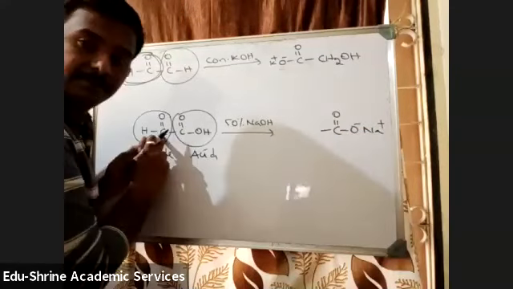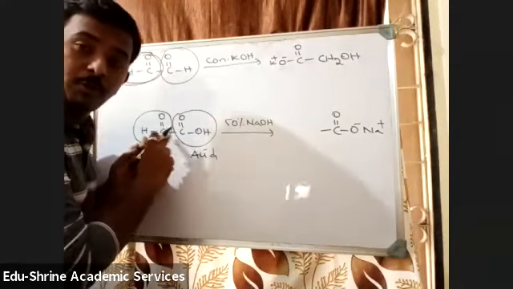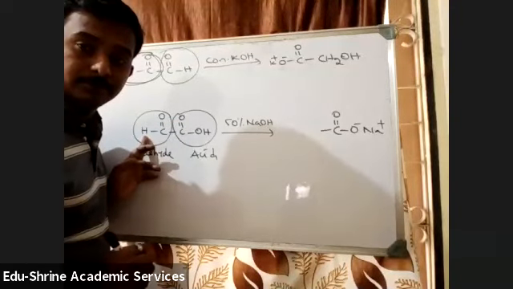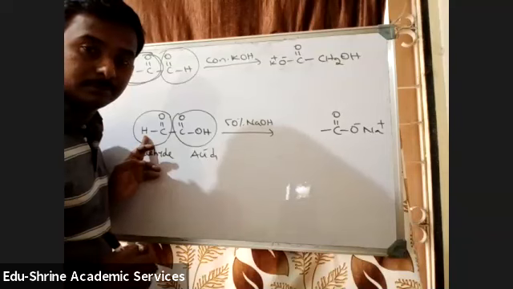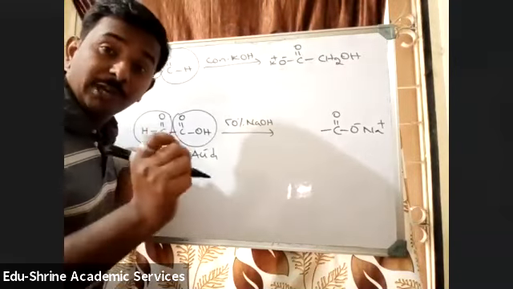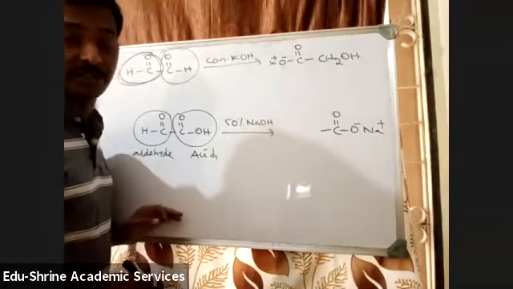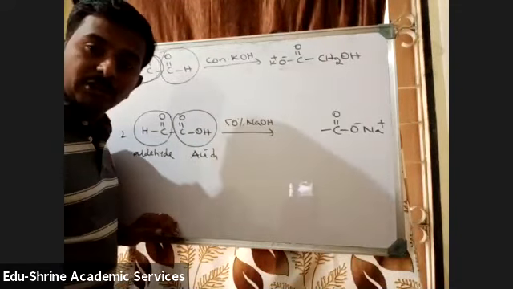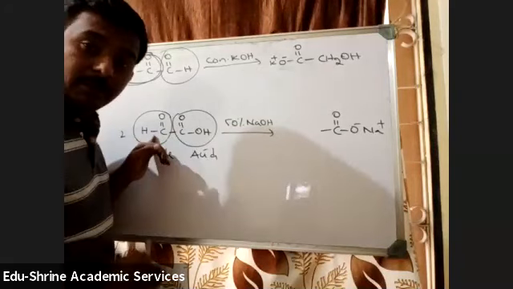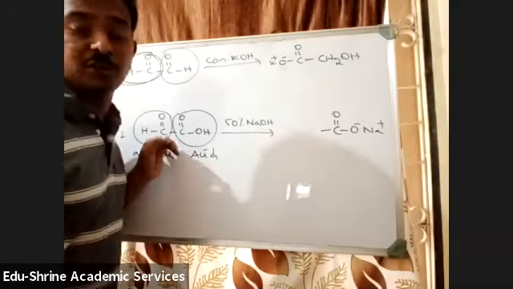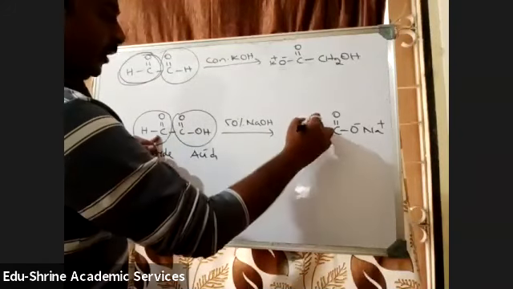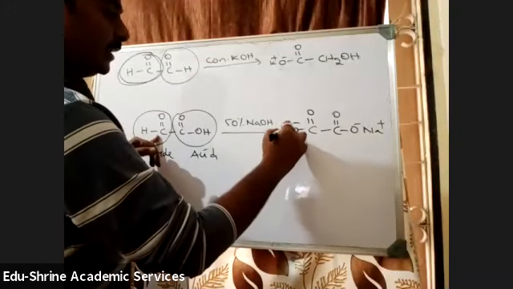What about this aldehyde? Now tell me, how many moles of this compound are used for the reaction? 1 mole or 2 moles? You need 2 moles, because for this part, one must be the oxidized product and one must be the reduced product. From this you will get the oxidized product, C double bond O minus Na plus.